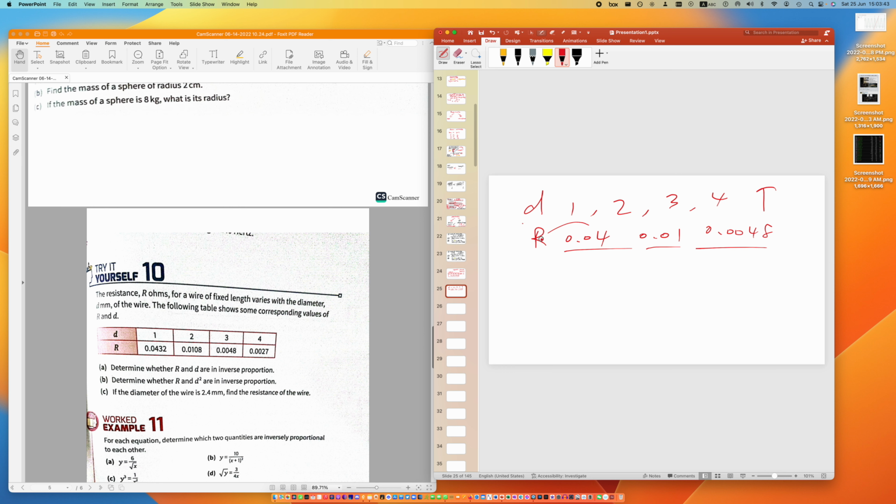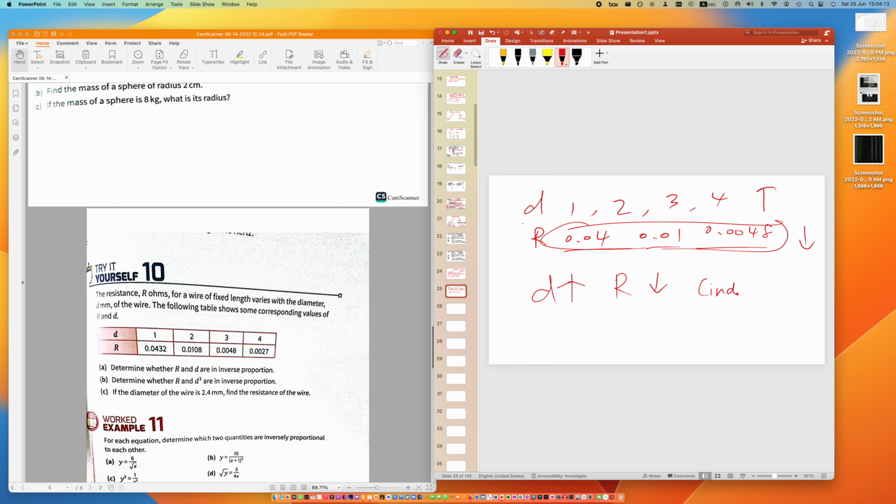Down, descending, right? So D is up, R is down. So this is indirect.